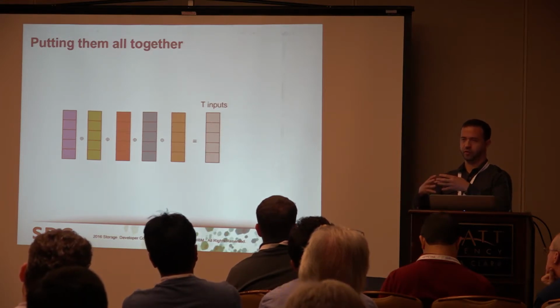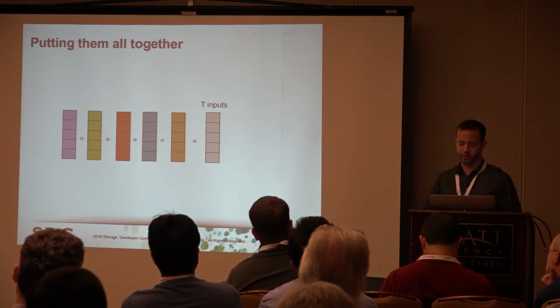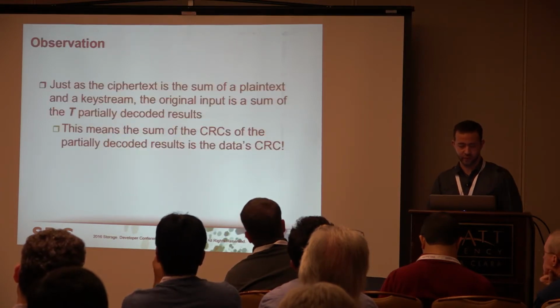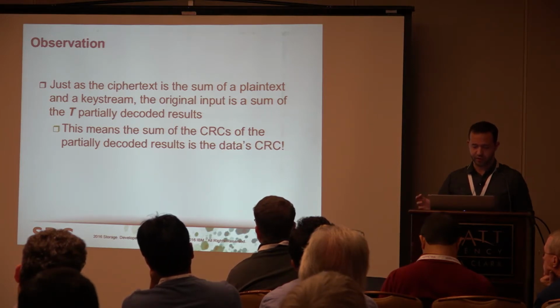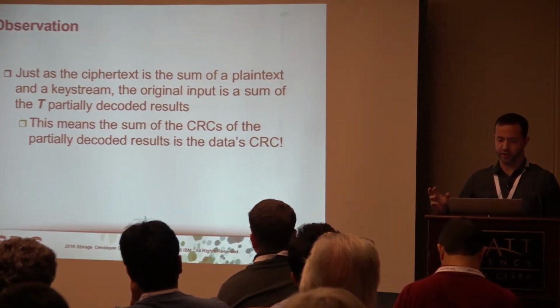And when you XOR them together, you get the original data. So just as the ciphertext is the sum of the plain text and a key stream, we've seen how the original input can be viewed as the sum of T of these partially decoded results.